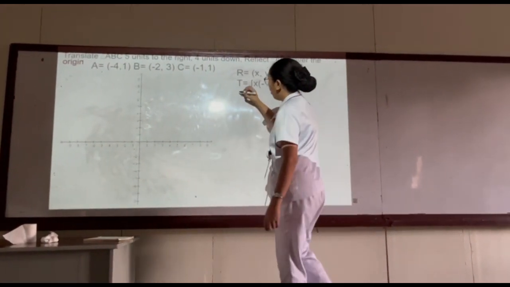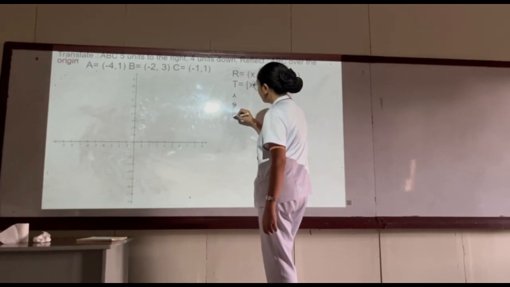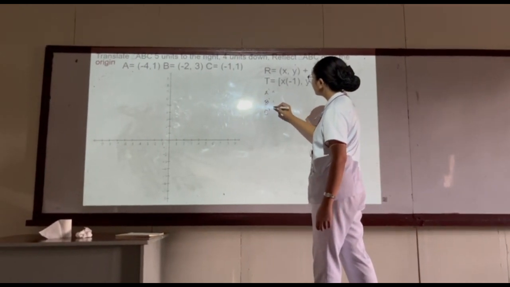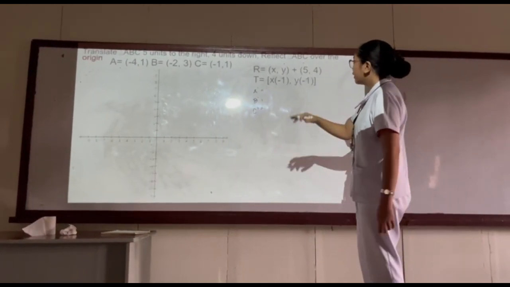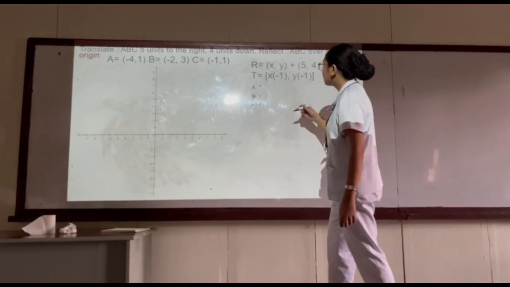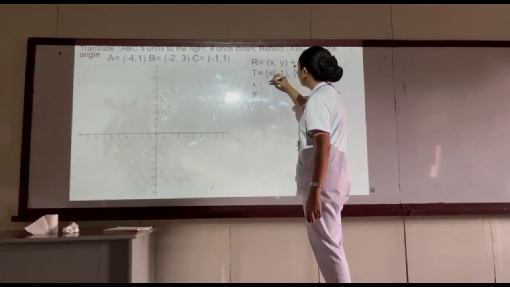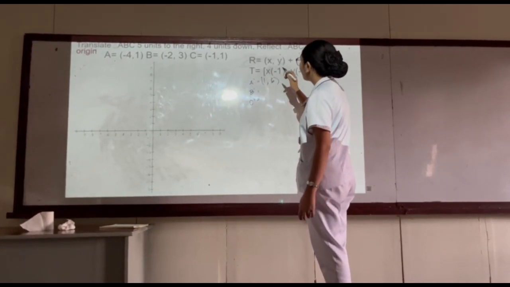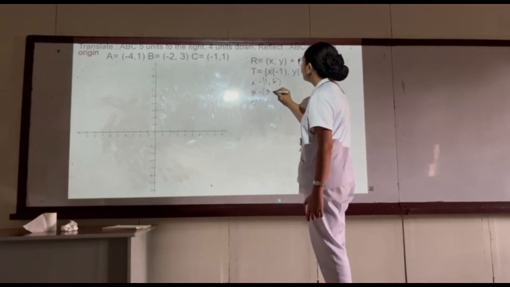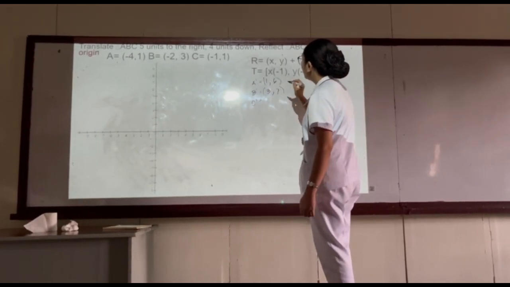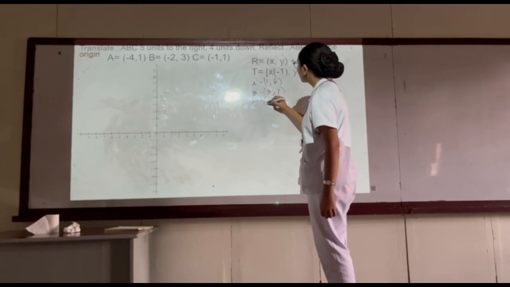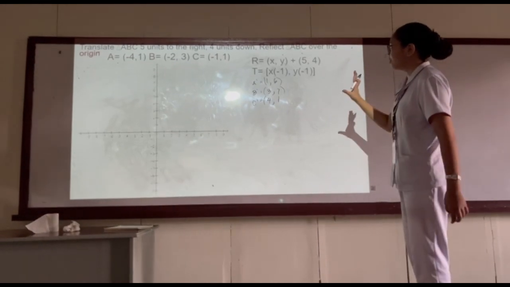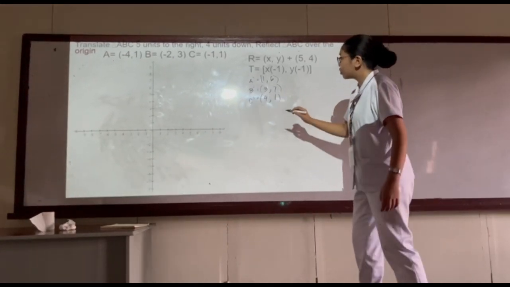So our A, B, C prime, negative 4 plus 5 is 1, so 6, so 3, and then 7, 1, and 1, 4, and 1. So here are the coordinates for translation.